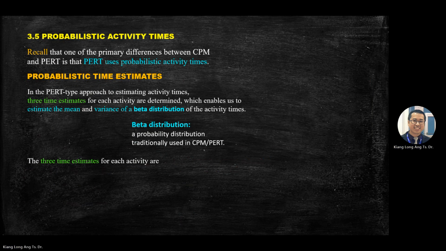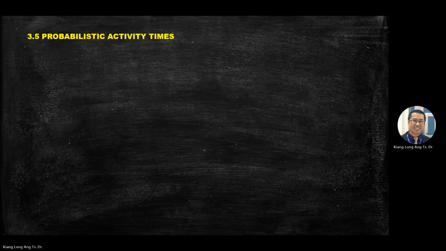Okay, so recap what we learned so far and what is important. We learned about network. We have 2 types, AON and AOA. AOA has dummy, and there are general rules there.